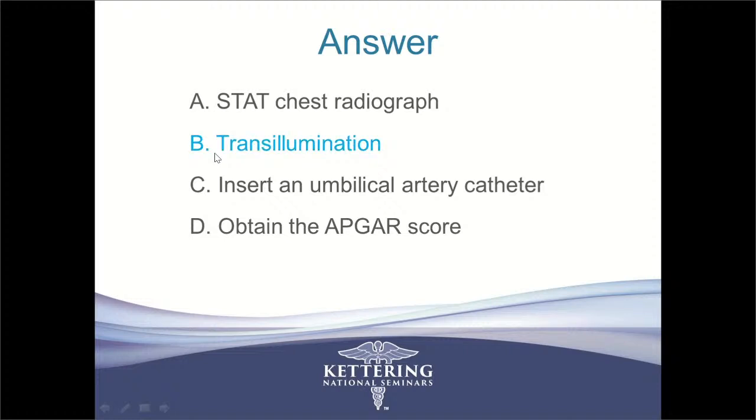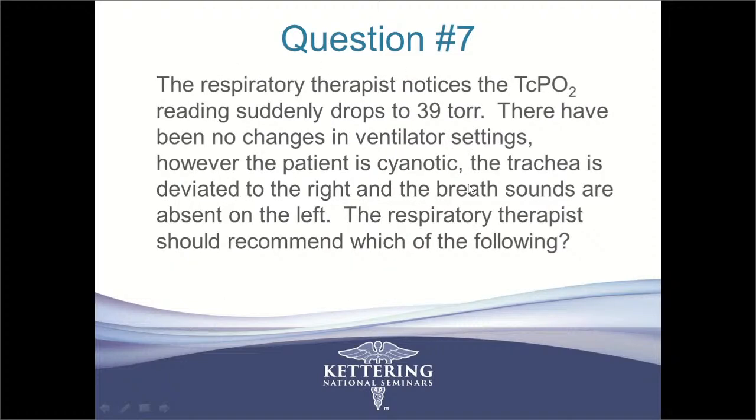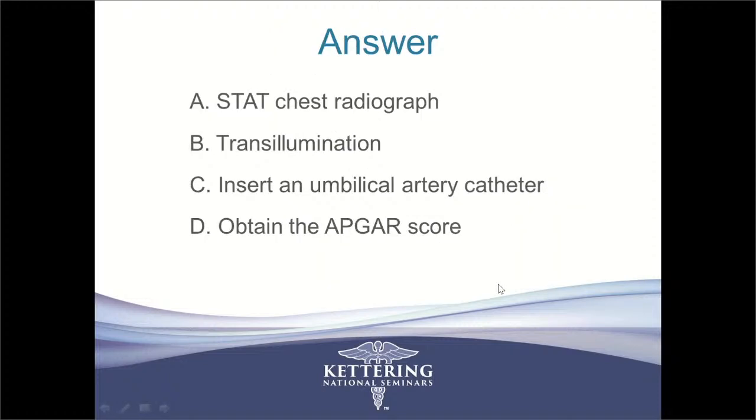But what I love about this question is, notice how I did not have to look at any of this stuff over here. And most of us would have gotten this question where you started looking at all this stuff, analyzing it, thinking about it, and then it had nothing to do with the question that's being asked. What should we recommend? It's got nothing to do with ventilator setting. It's got to do with recommending diagnosing the problem, which is the pneumothorax. Okay.